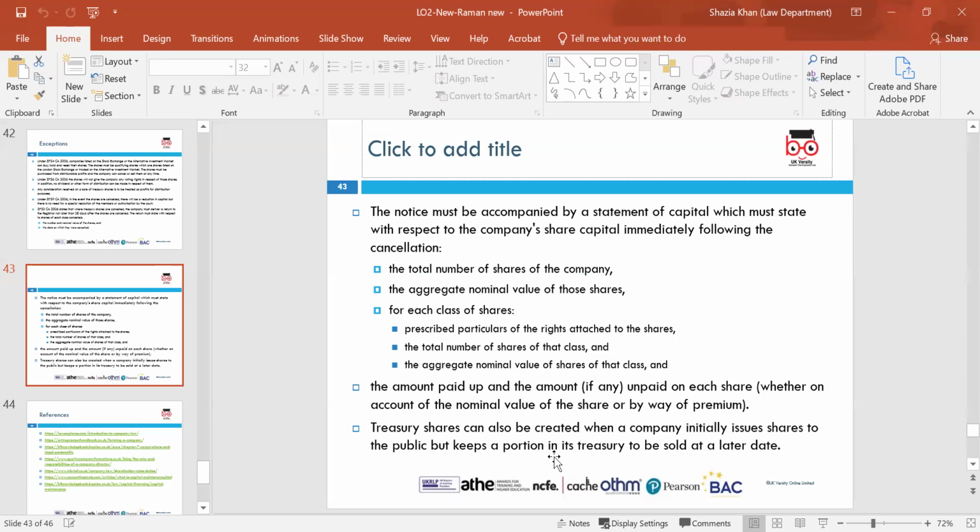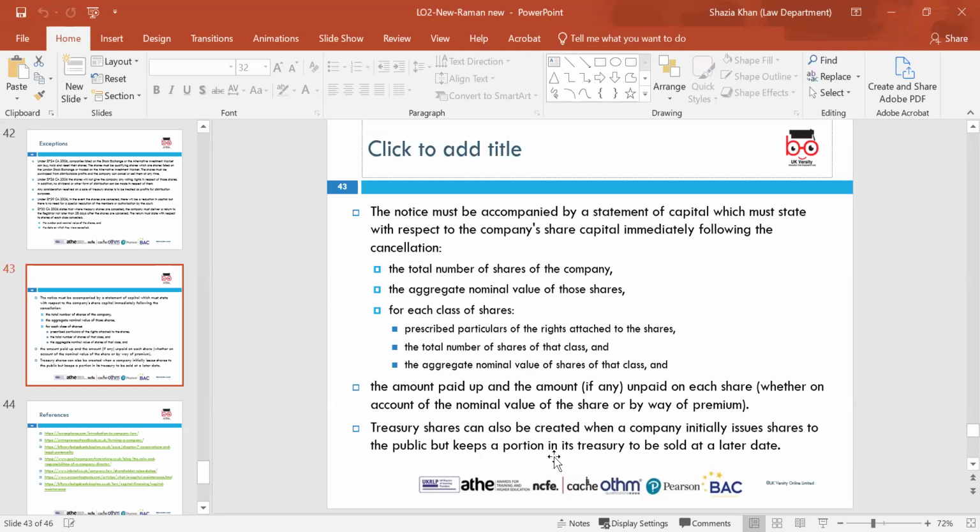So it's there to hold the shares, so that later on, if they plan to sell it, they can. And to hold the treasury shares in the company, the shares bought back by the company must be in accordance with the Companies Act and must have been purchased out of the distributable reserves and not out of capital. So they need to bear that in mind.